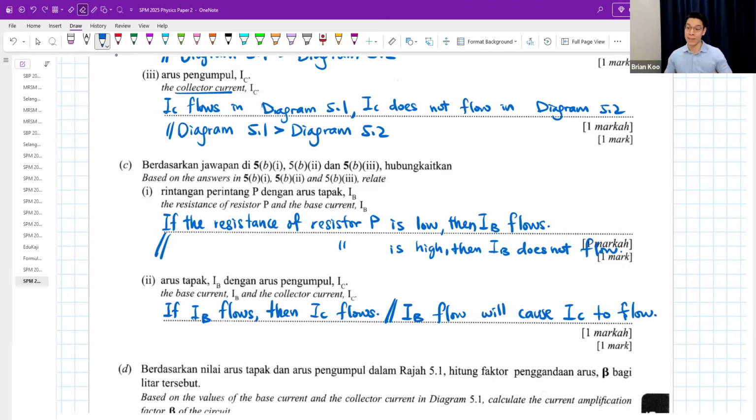Also can. Okay. Or you can say if the base current is high, then the collector current will be high. Also can. You can also say base current is directly proportional to collector current. Also can. Okay, we can even draw a graph.